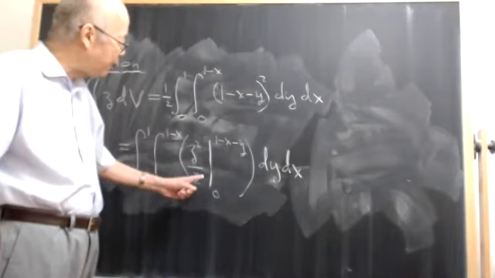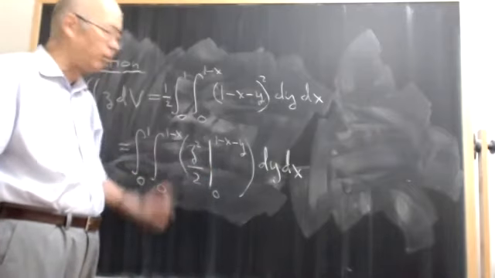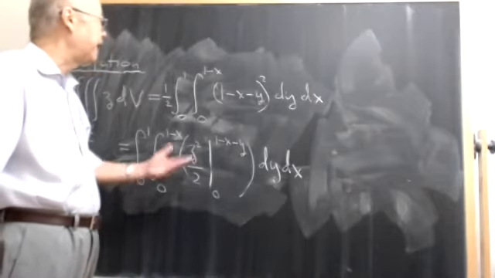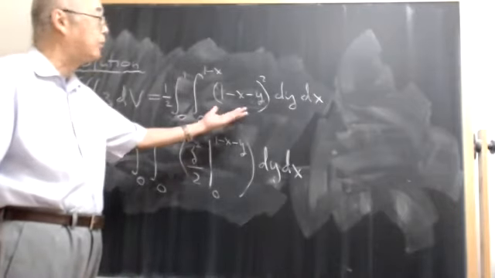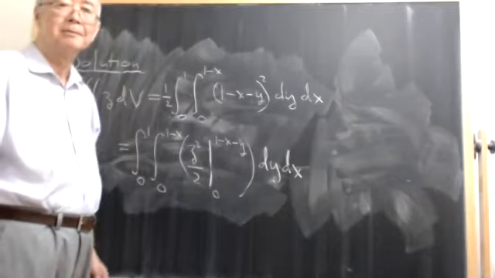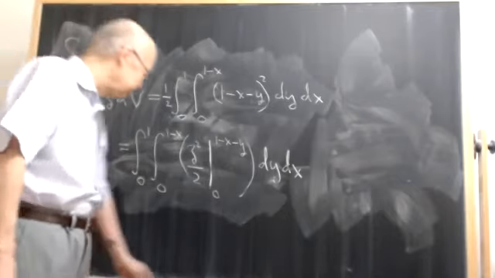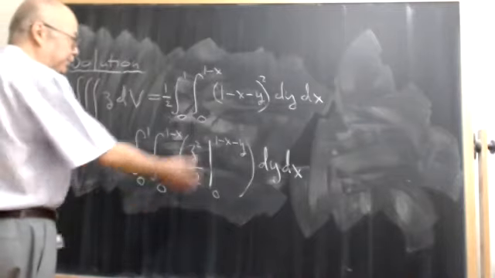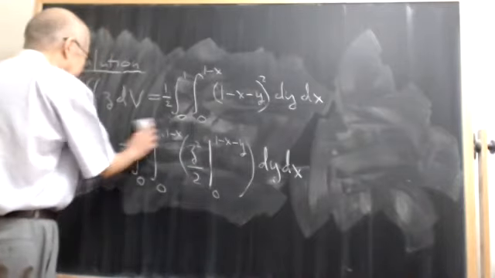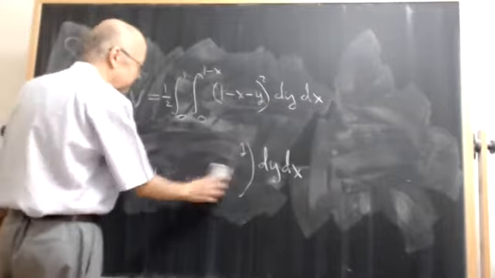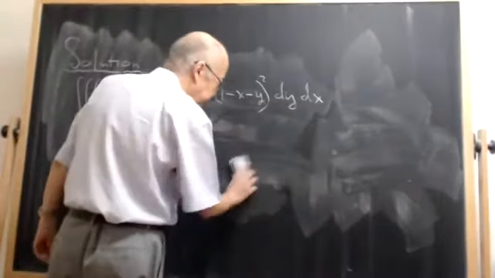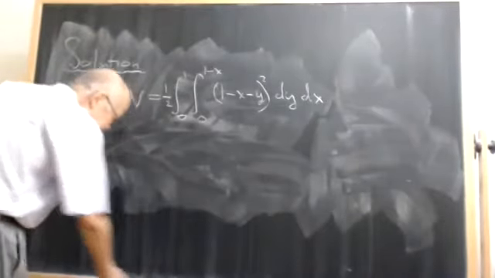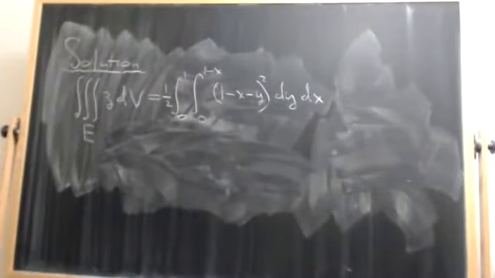When you evaluate them at the endpoints and subtract, the z disappears. So no more z. But I am used to call these limits. Maybe I should change and call them endpoints. All right.